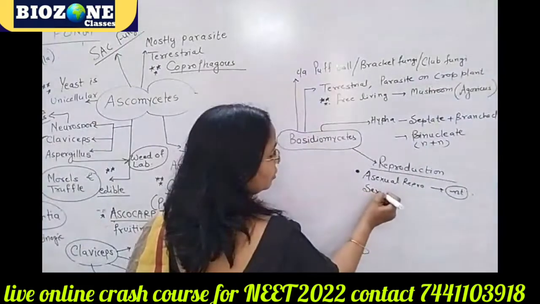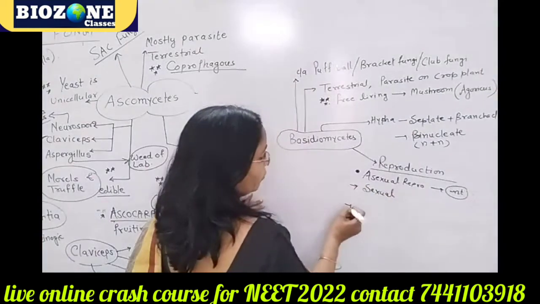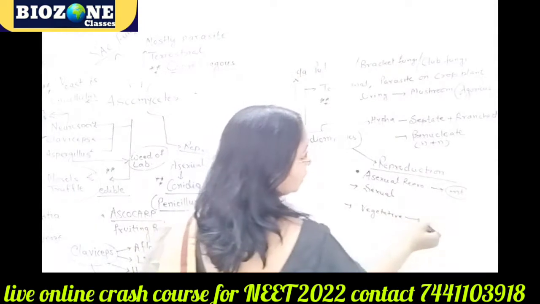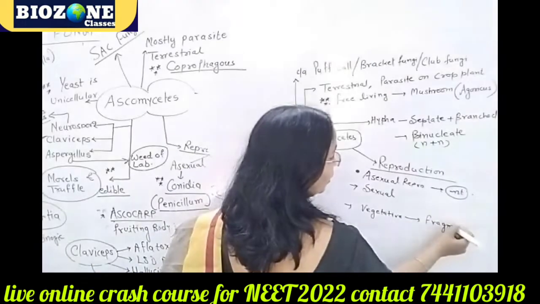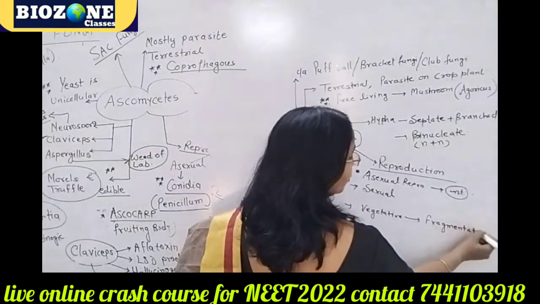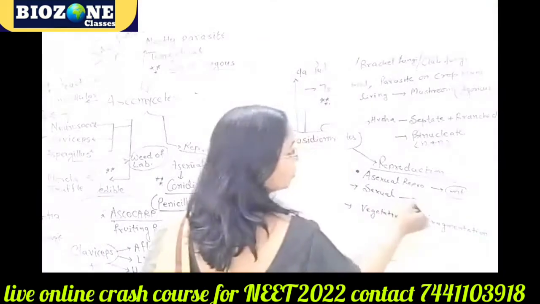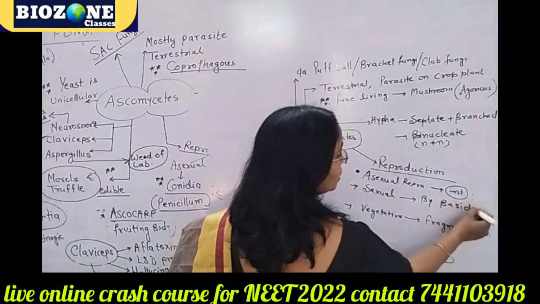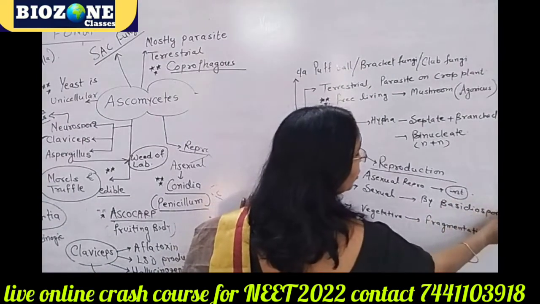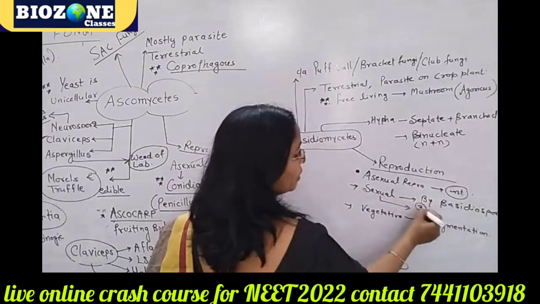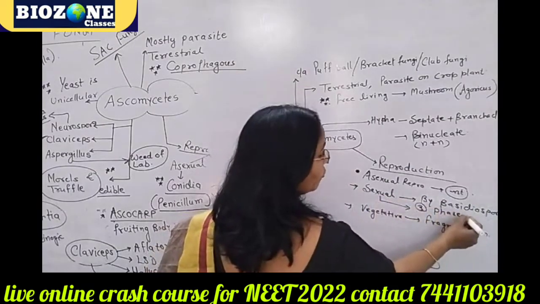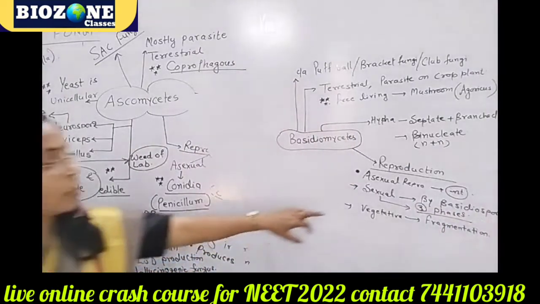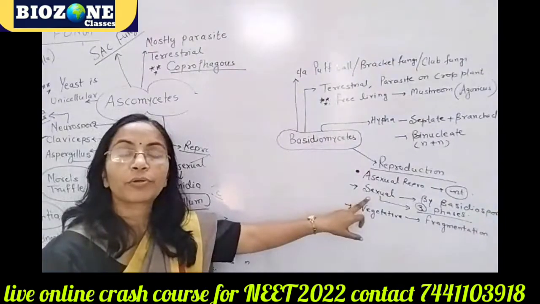Only sexual reproduction and vegetative reproduction. And vegetative reproduction takes place by fragmentation. Clear? Sexual reproduction by basidiospore. And second, three phases, not special types of gamete formation or anything. Those three phases which we study in sexual reproduction are present during the sexual reproduction of the fungi.